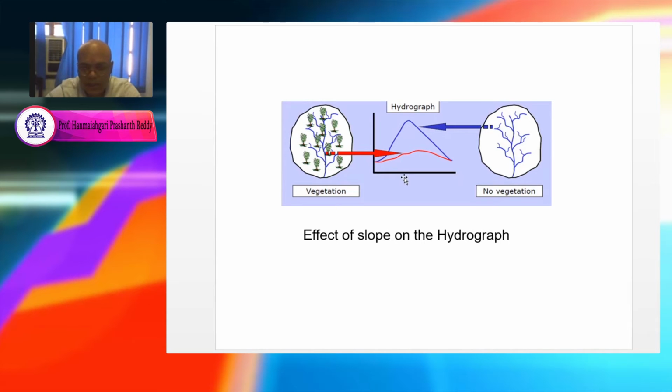So you can see that for the watershed which doesn't have vegetation, the peak discharge is quite high, whereas the peak discharge of the watershed which has vegetation is low.